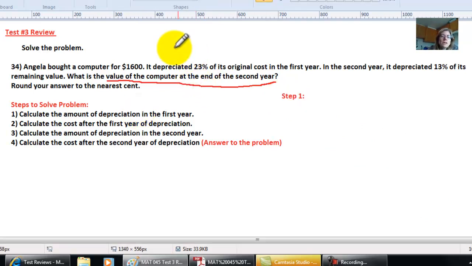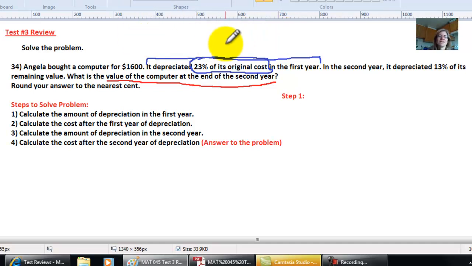Okay, so in this sentence here, it depreciated 23% of its original cost in the first year. The important part of that sentence is 23% of its original cost. That sentence is actually a math phrase. You can change that into math. What's the original cost?